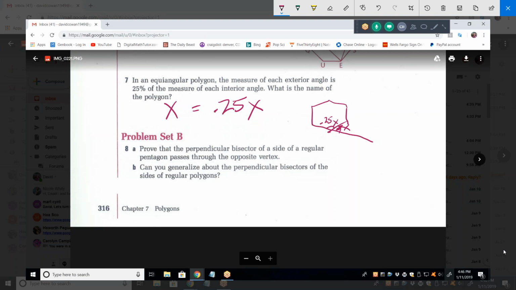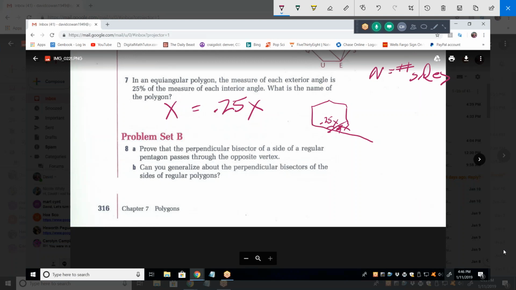Measure of the exterior angle. The exterior angle is going to be X, equal to 25% of the measure of each interior angle. Okay, so that looks right. What is the name of the polygon? If we call n the number of sides, what can we do?